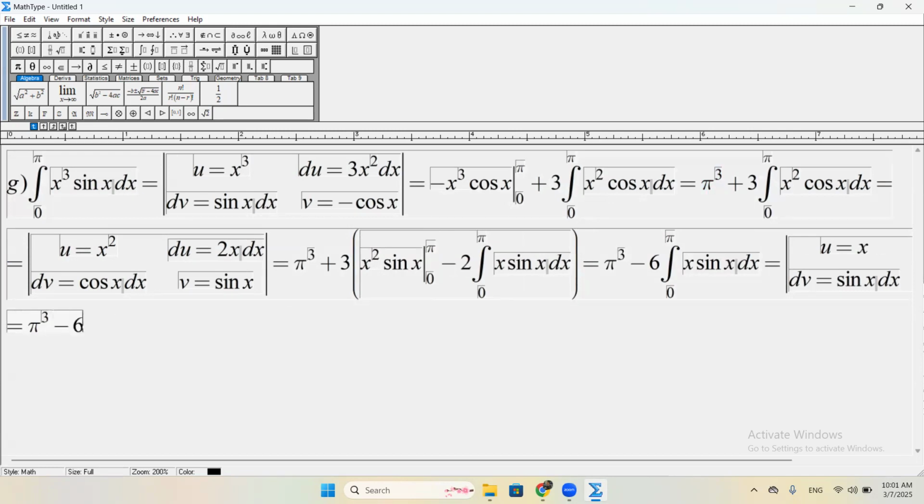So minus 6, so x multiplied by minus x multiplied by cosine of x with substitutions from 0 to p.